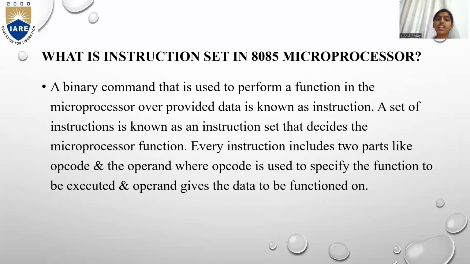What is the instruction set in the 8085 microprocessor? A binary command that is used to perform a function in the microprocessor over provided data is known as an instruction. A set of instructions is known as an instruction set that decides the microprocessor function. Every instruction includes two main parts, the OP code or operation code and the operand, where the OP code is used to specify the function to be executed and the operand gives the data to be operated on.